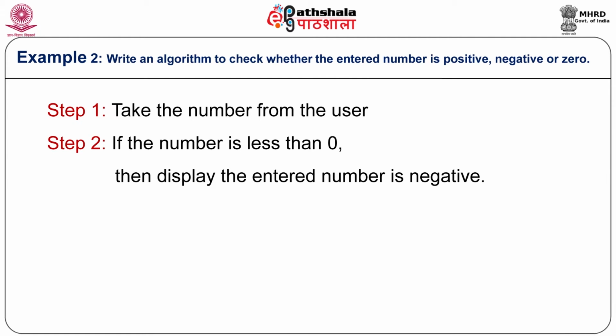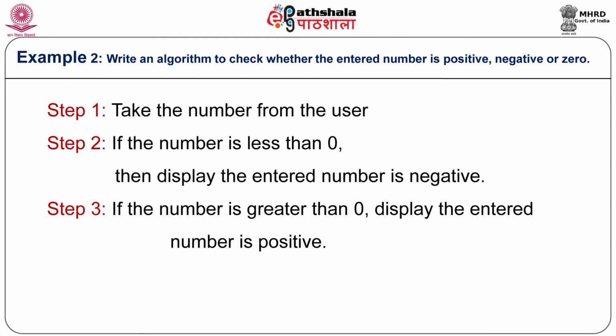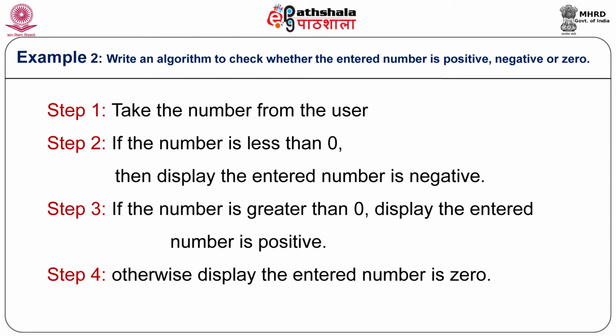Second, if that entered number is less than 0, then display the entered number is negative. If the number is greater than 0, then display the entered number is positive. Otherwise, display the entered number is 0. So these statements are divided into different steps from step 1 to step 4. So this is the algorithm of the given problem.